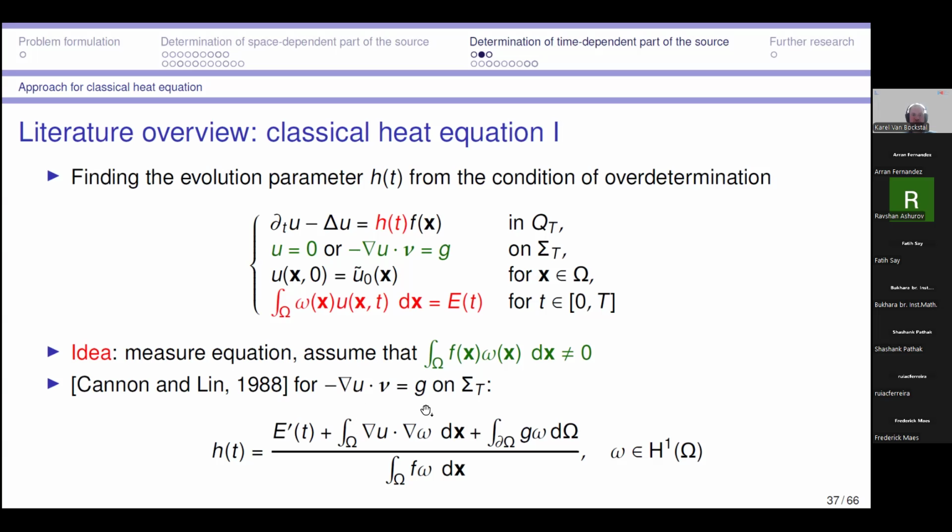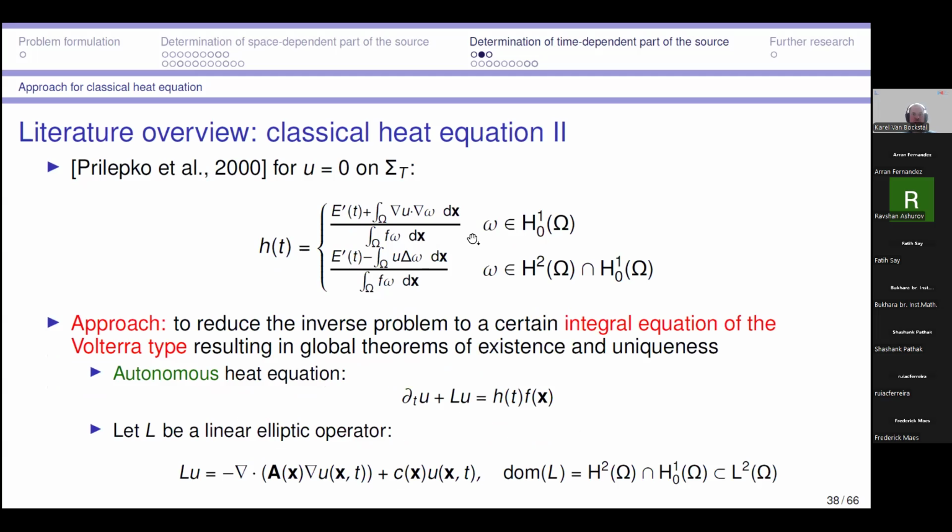So in the case of Neumann boundary condition, we get this expression where we assume that the integral of the product of f and omega is non-zero, so that we can divide by this integral. In the case of Dirichlet boundary condition, there is no boundary term in the expression. You can even apply Green's formula a second time to get only L2 regularity of u. Then you need that the weight function belongs to H2 as well.